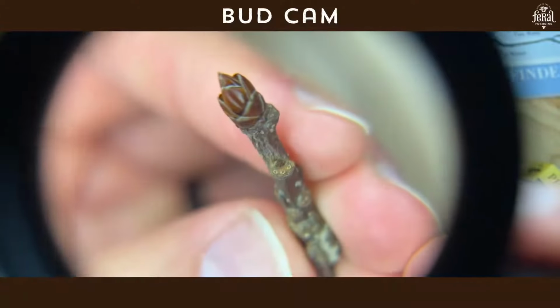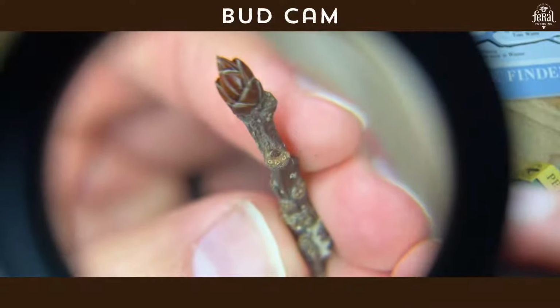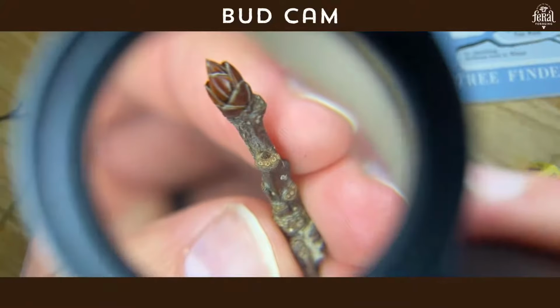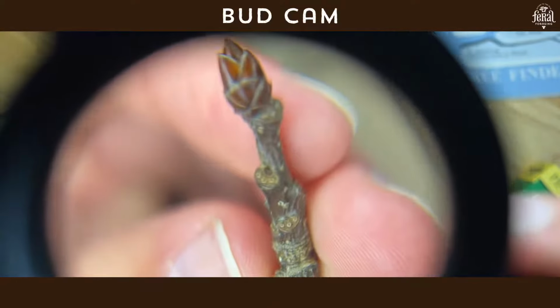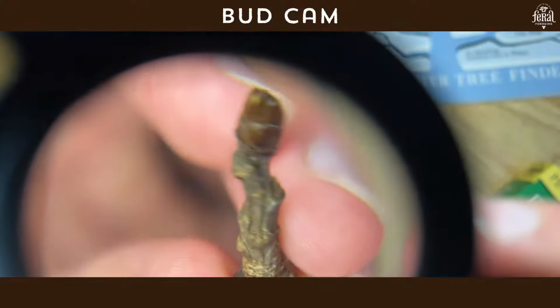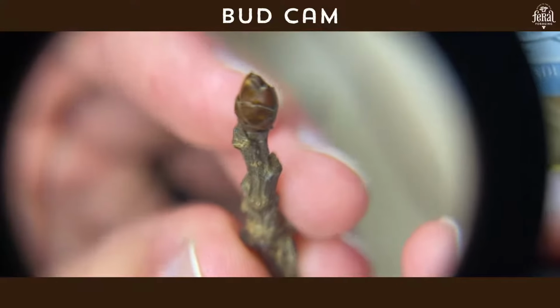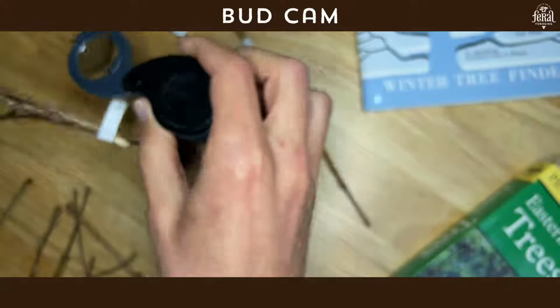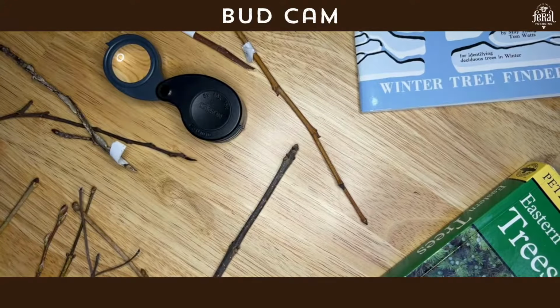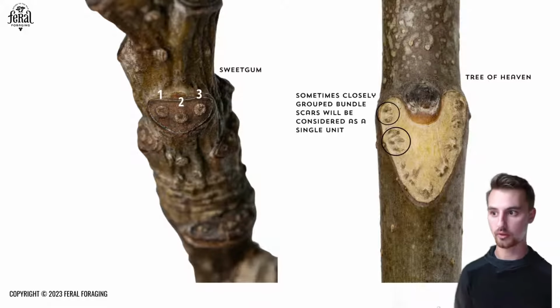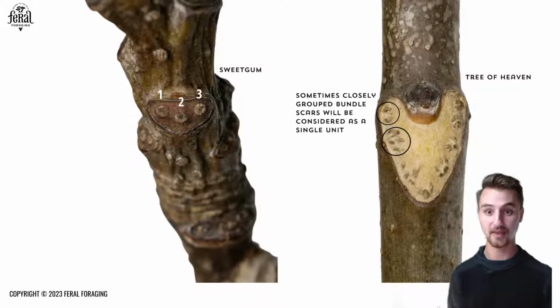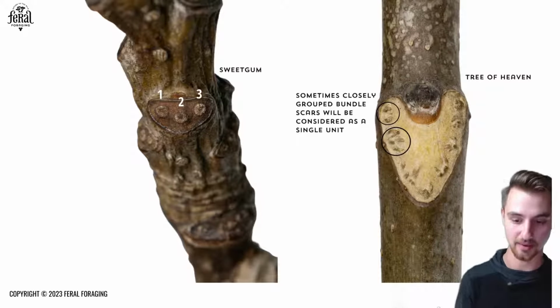This part overall is the leaf scar, but those 3 dots right there in the middle, those are the bundle scars. And if I go to another part, you see that there's 3, another part over here, there's 3, and so on and so on. Any part that I looked at on the leaf scar for the sweet gum, we would be seeing that there are 3 bundle scars.